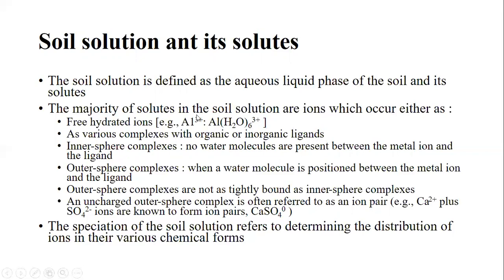Remember, the cations will have ligands surrounding them, attached to them. Okay, so you have complexes. A complex is a reaction to form a complex, from the ion with an organic or inorganic ligand.